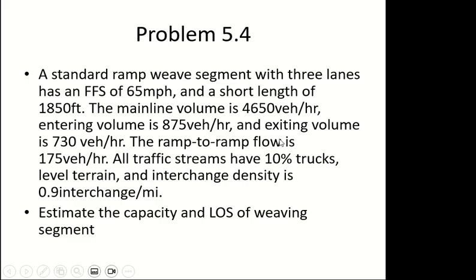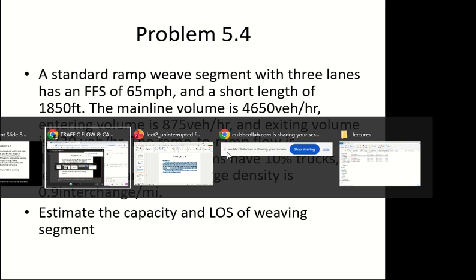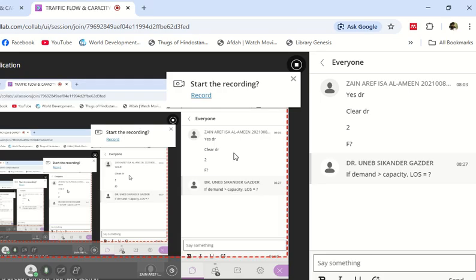I will consider that the peak hour factor is already divided. You have seen in the previous examples for the merge and diverge segments, the flow rate is usually the volume divided by peak hour factor and FHV. This is how we calculate the flow rate.